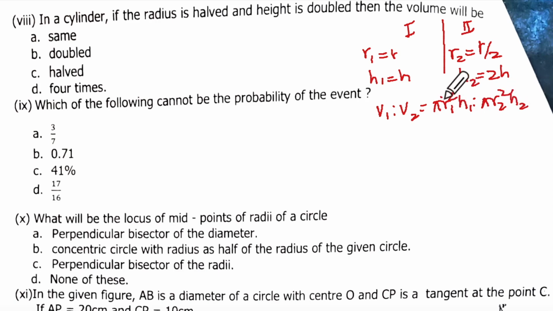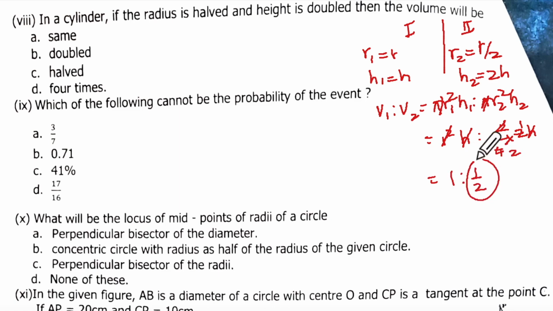What got cancelled? Pi. So R square H is to R square upon 4 multiplied by 2H. R square got cancelled, H got cancelled, 2 ones, 2 twos. So we get 1 is to half. That means the volume becomes half. If it was 1, then it has now become half. So it will be halved.